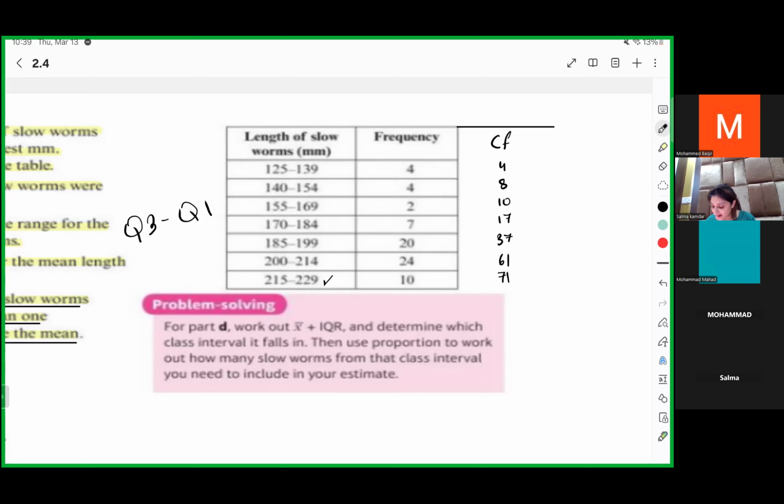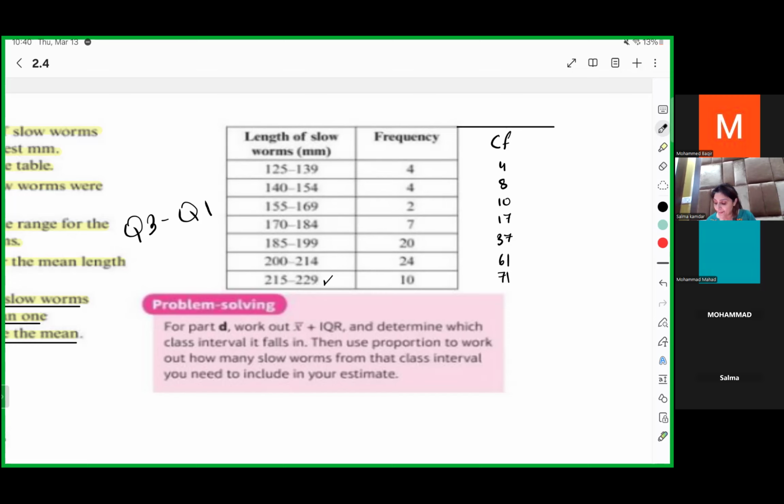I have the lower boundary of the class that contains 217.7. I am trying to find the P, the number of slow worms up to 217.7. Minus CF, I will have the cumulative frequency of the preceding class. Divided by F, I have the frequency of the class which has 217.7, multiplied by the class width.